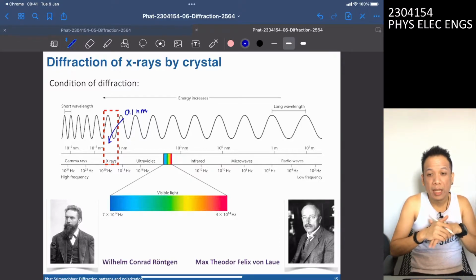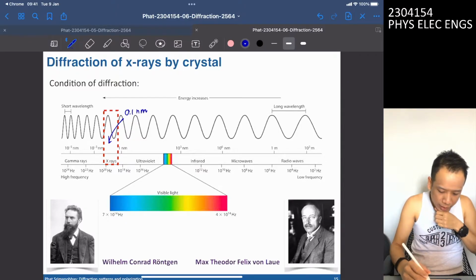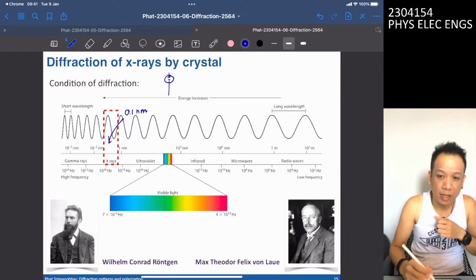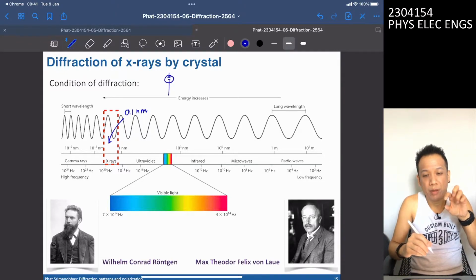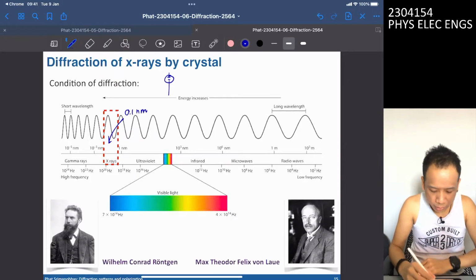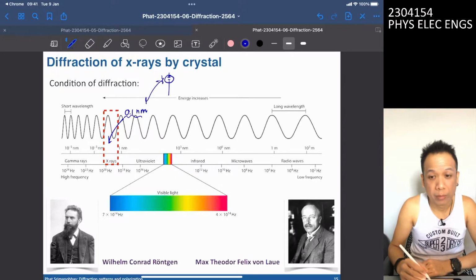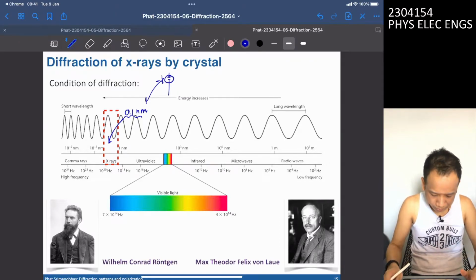So the question is how can you see the diffraction patterns if you use X-rays? Because you would need a very small aperture, a very small slit, so that the wavelength and the width of the slit are of comparable order, and you start to see the diffraction patterns.